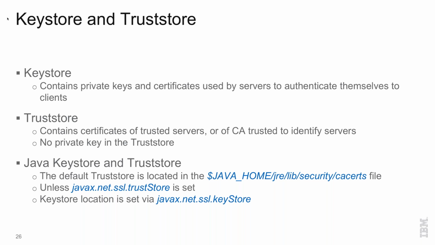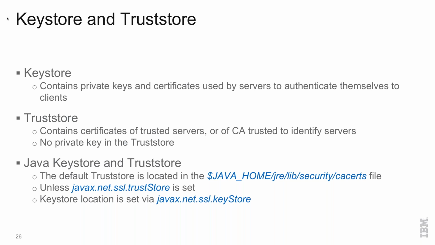And this is the general concept of the key store and the trust store. The other important one is the Java key store and trust store, because many Hadoop services are mostly implemented in Java, and in Java there are some default trust stores.